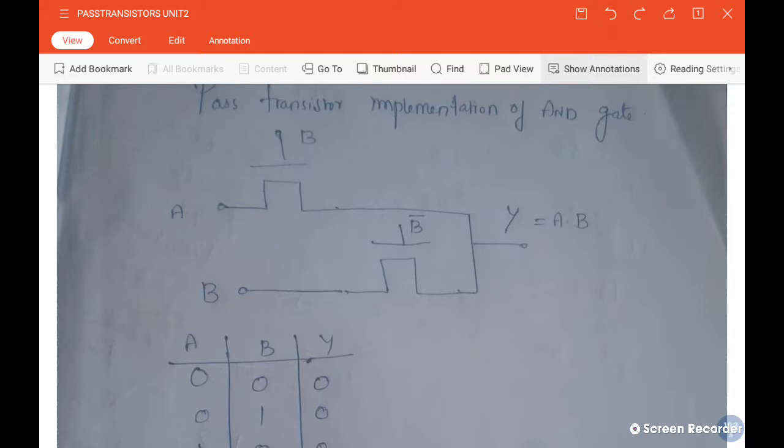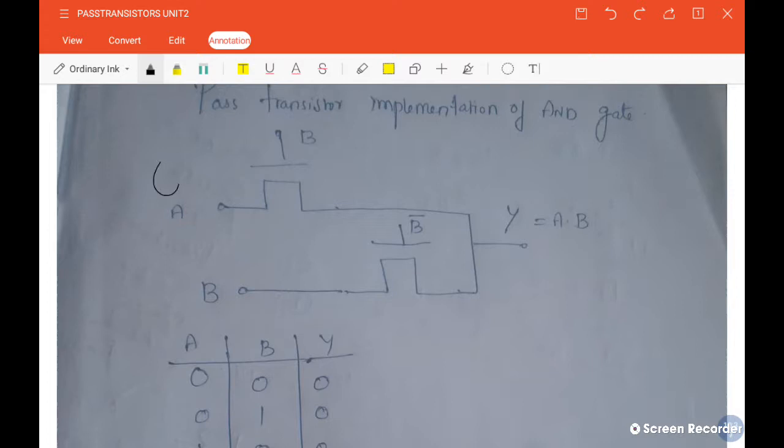So now the condition is A is 0, B is 1. Since B is equal to 1, this control input is also 1, and B bar would be 0 now. For an NMOS to turn on, the gate must be high.